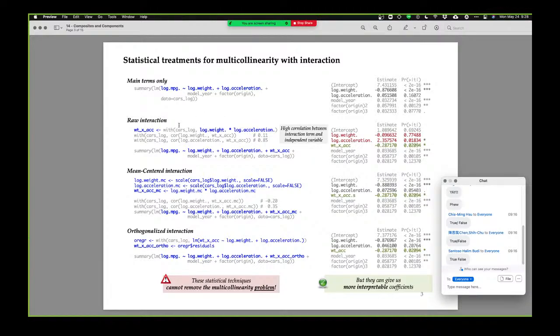Conceptually, let me look at this total regression formula here. Depending on how you think about it, either weight is changing the relationship between acceleration and miles per gallon, or acceleration ability is changing the relationship between weight and miles per gallon.